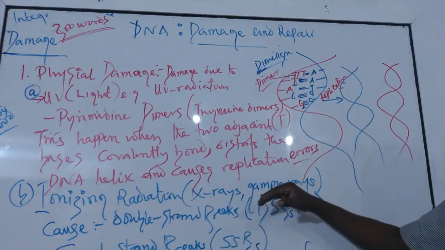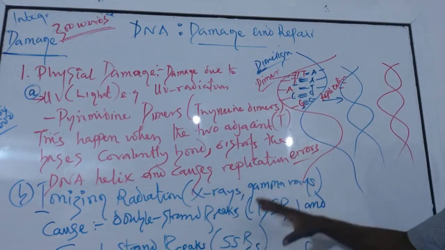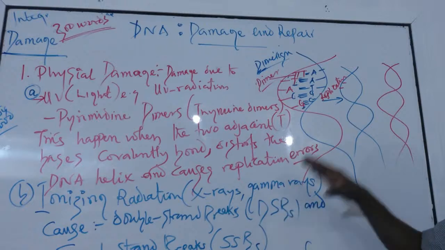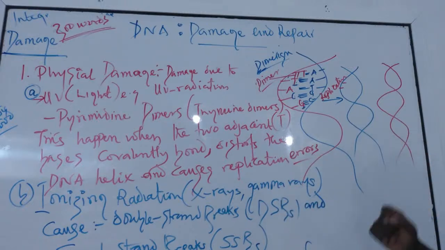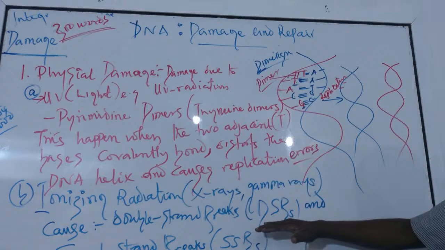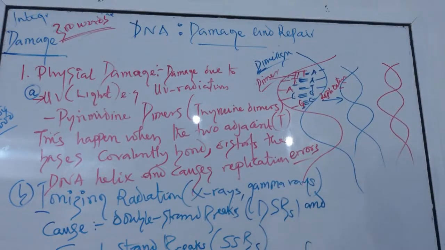And I've told you about the second source of DNA damage, which is due to gamma rays and X-ray. These gamma rays are what they normally use in preserving most of our synthetic food, especially in the canning industry. And this is going to lead to production of double-strand breaks as well as single-strand breaks in DNA.